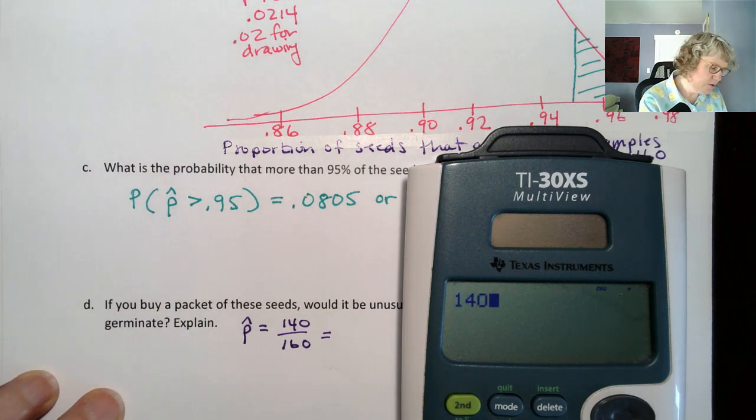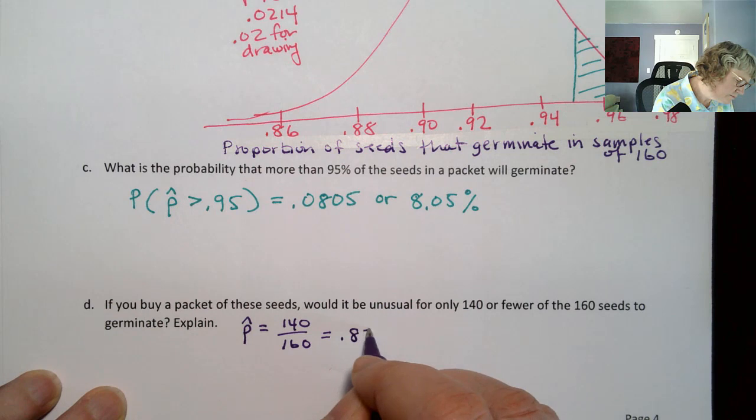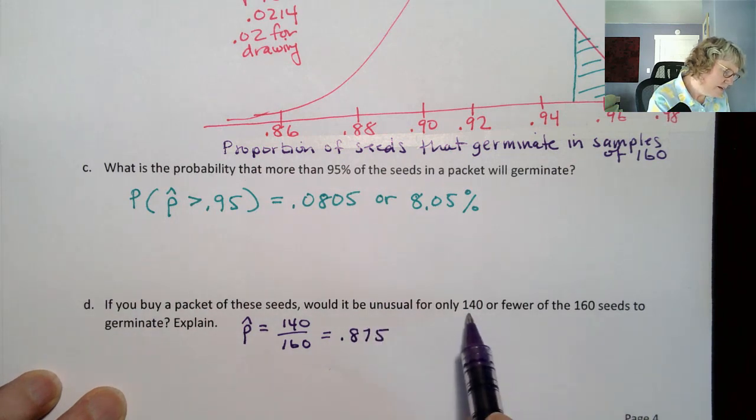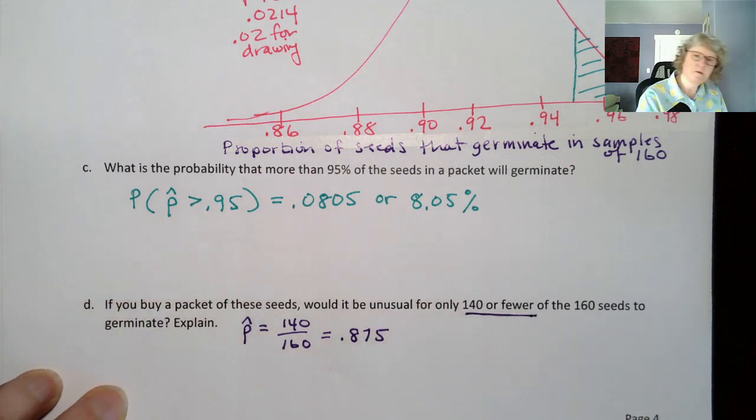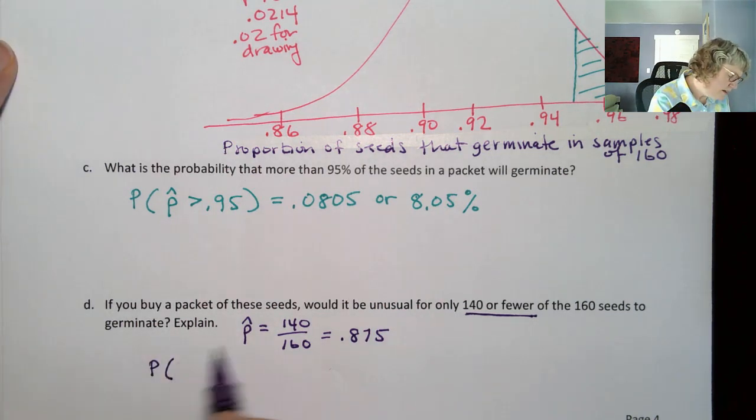Okay, 140 over 160 is 0.875. And then we also have a direction, 140 or fewer, right? So this probability is going to be, what's the probability that p hat is less than 0.875?